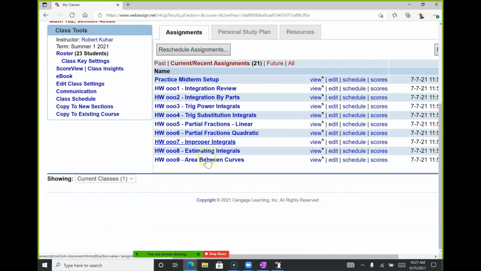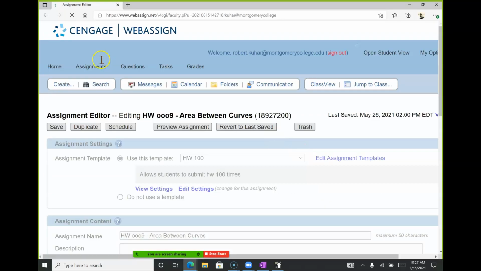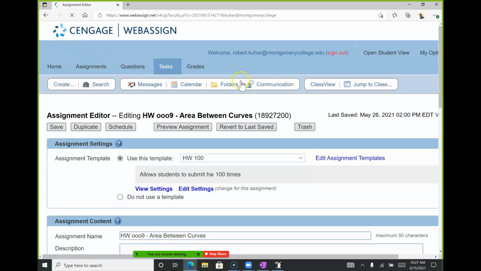So I'm going into that homework 9, area between curves. Oh, I should have hit view. Sorry, I keep forgetting I'm in as an instructor instead of a student.